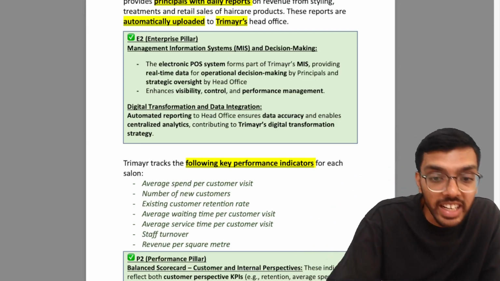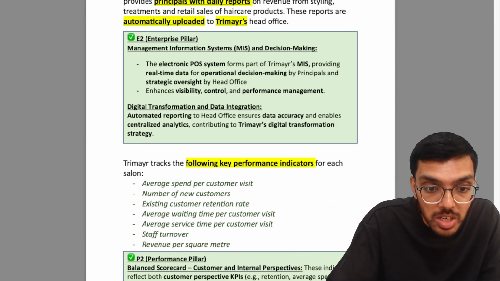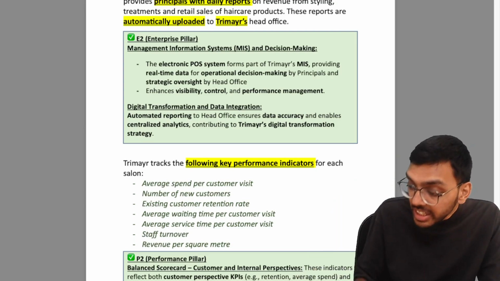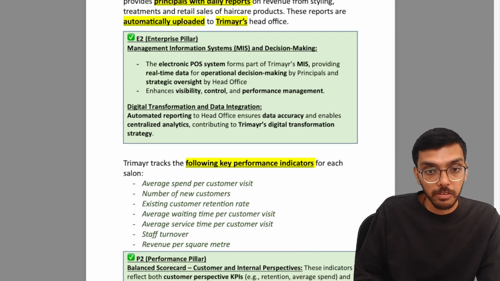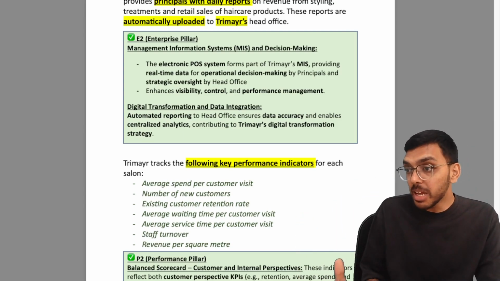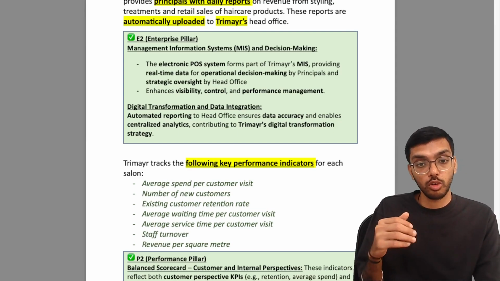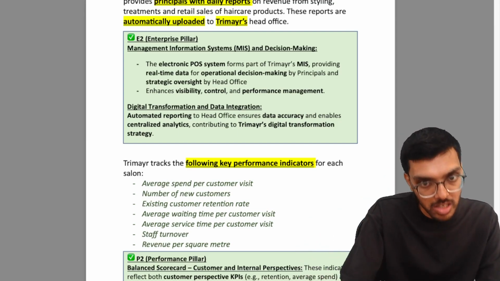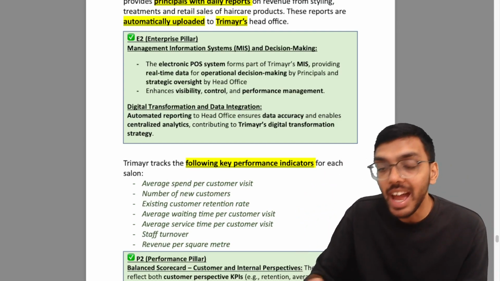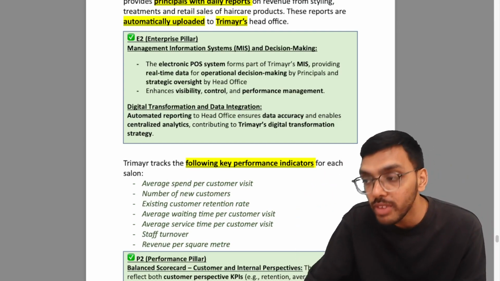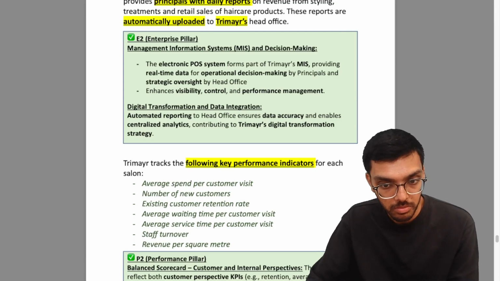Now, these indicators reflect the customer perspective and the internal business perspective. So, these KPIs are aimed at the customer, plus they are aimed at the process of giving the service.